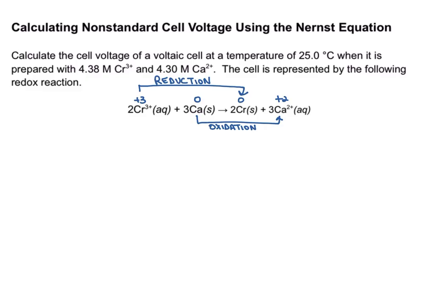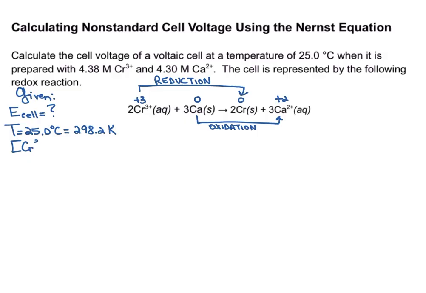I also want to start off with a list of my given information. We are asked to calculate the cell voltage. We have temperature, but my temperature is in Celsius, and my initial temperature is in 1 decimal place, so we have to convert to Kelvin, and our converted temperature should also have 1 decimal place.